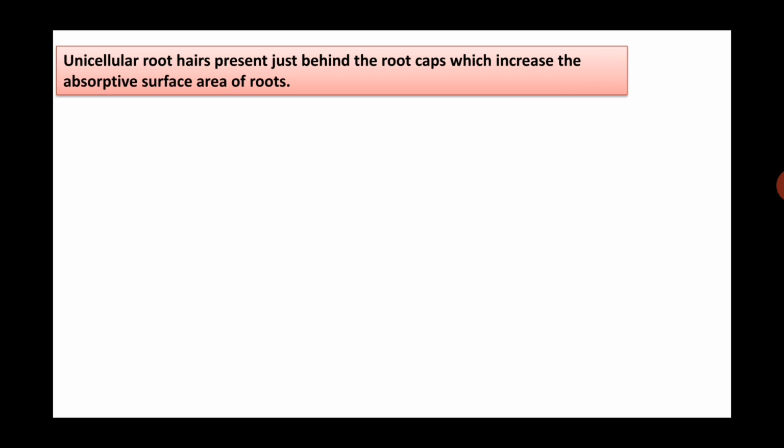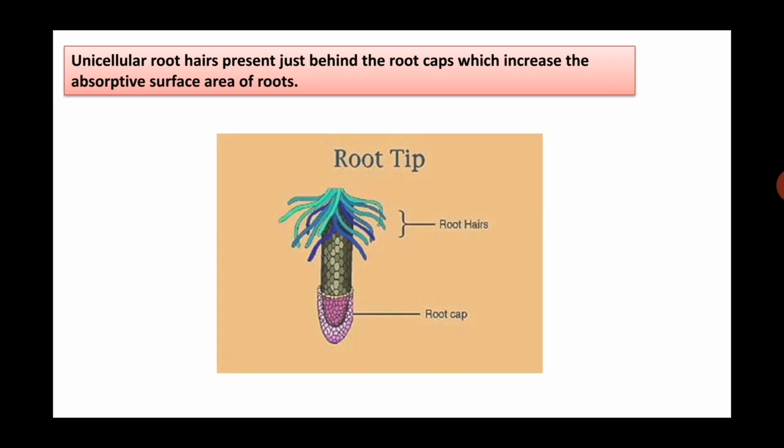Unicellular root hairs are present just behind the root cap, which increase the absorptive surface area of roots. The main function of root is absorption of water and minerals. Therefore, absorptive area is increased by root hairs.